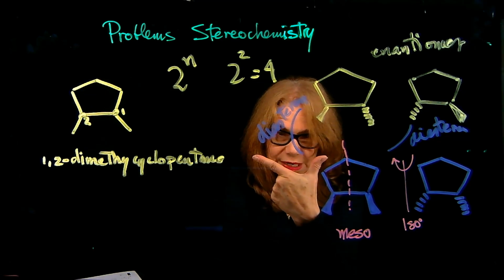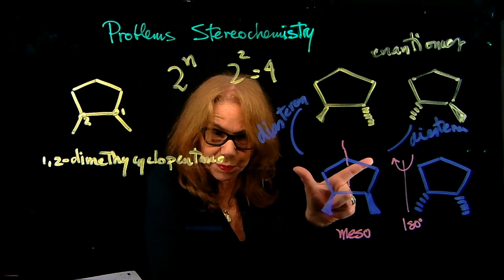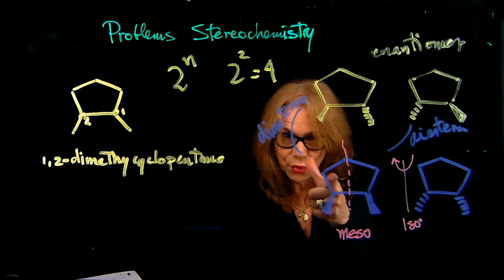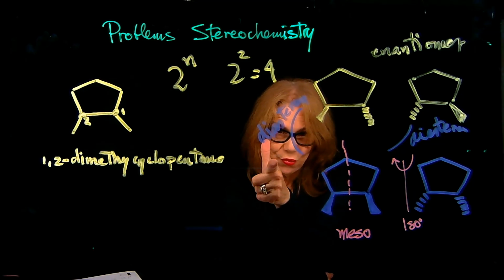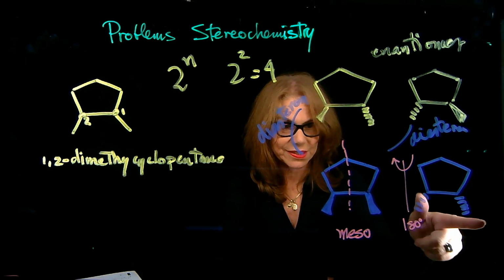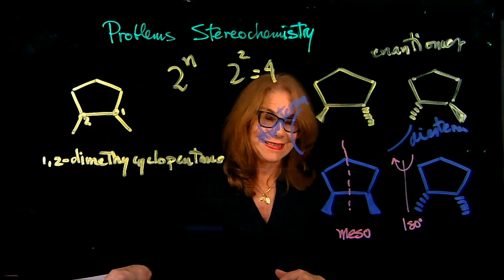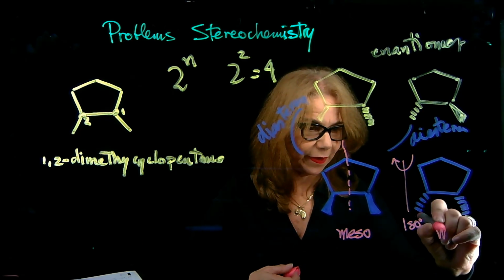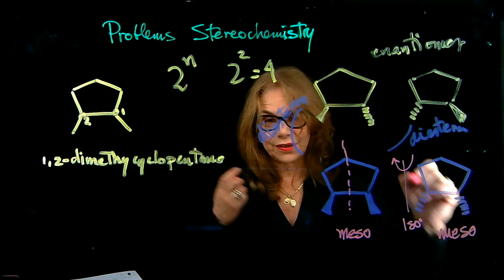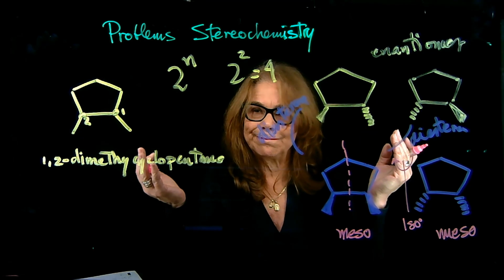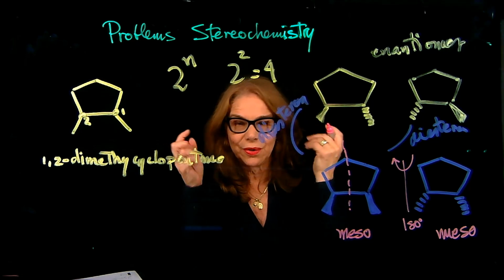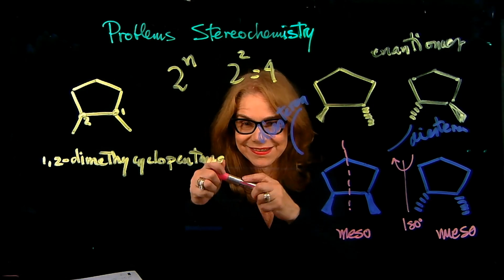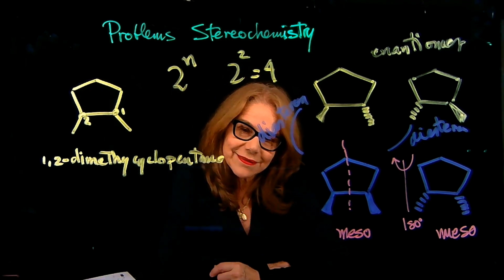If you do 180, these two change places, but also when you do wedge pointed towards you and dash, and you do 180, they are going to switch places. So these two are identical. So that's the same. And this is why instead of having 4 stereoisomers, we have 3. So when you have meso compounds, you have fewer stereoisomers when you do the combinations.